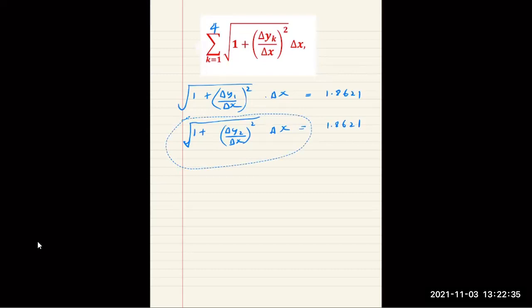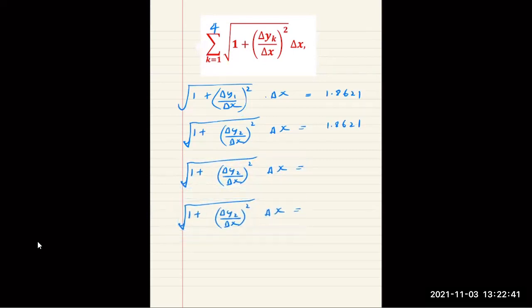Let me write it here. Delta y3, delta y4. This will be 1.8621, 1.8621.